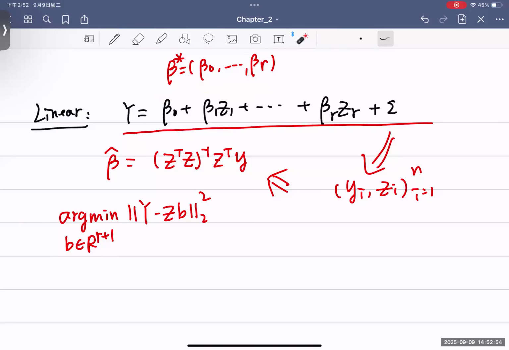The data is generated from this beta star, and we use the data to try to recover beta star. The way we do it is beta hat. The next step is to know the distance between these two. Before that, a simple understanding: this guy is a random variable because epsilon is a random variable with some randomness. The data have some randomness, so beta hat is also random.